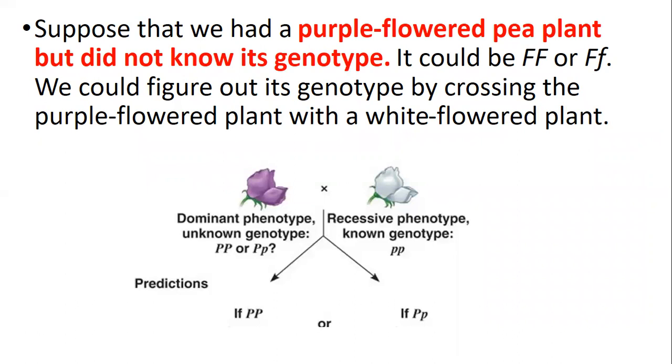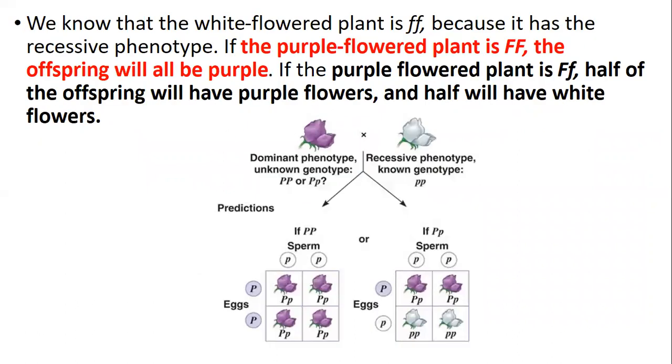If we crossed it with a white flower, chances are if it was homozygous dominant, then all of the offspring will be purple in color. But if half of the offspring were purple while the other half were white, then this means that this purple flower was heterozygous.